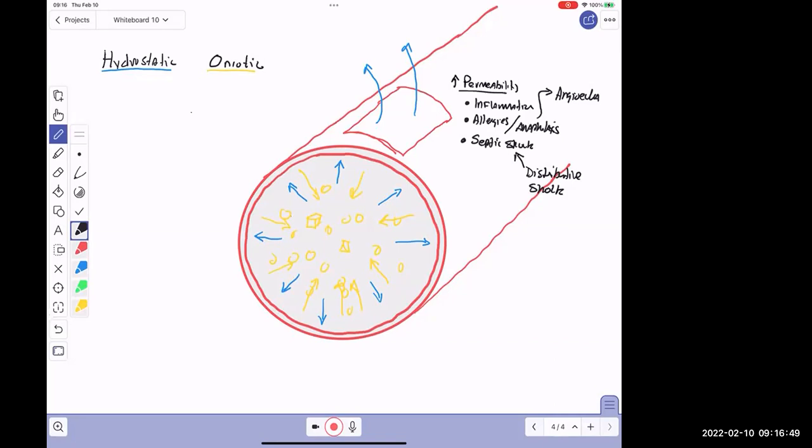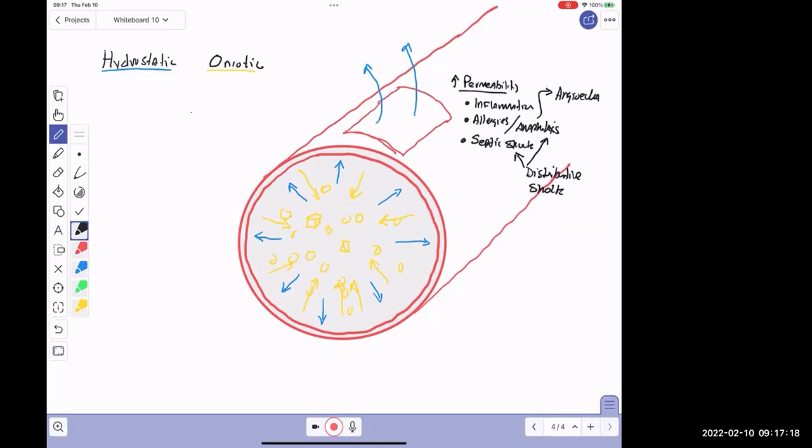Septic shock and anaphylactic shock are two specific examples of distributive shock, where you get increased capillary permeability, right? So the capillaries swell, they dilate, and then they open up, all right? So those are some fairly easy examples.